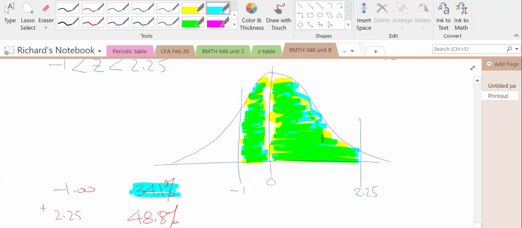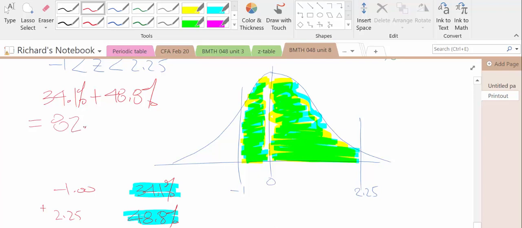So I'm going to add these two percentages together to answer the question. 34.1% plus 48.8% is equal to 82.9% of the data between a z of -1 and a z of plus 2.25.